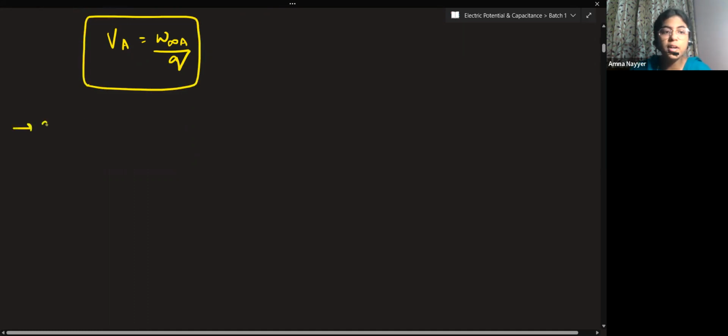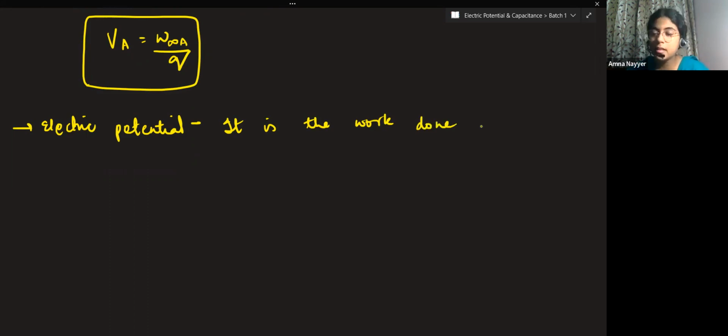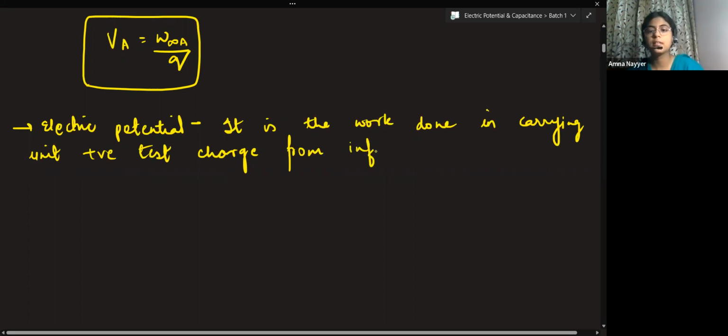So if you have to define electric potential, it is the work done in carrying a unit positive test charge from infinity to a point.